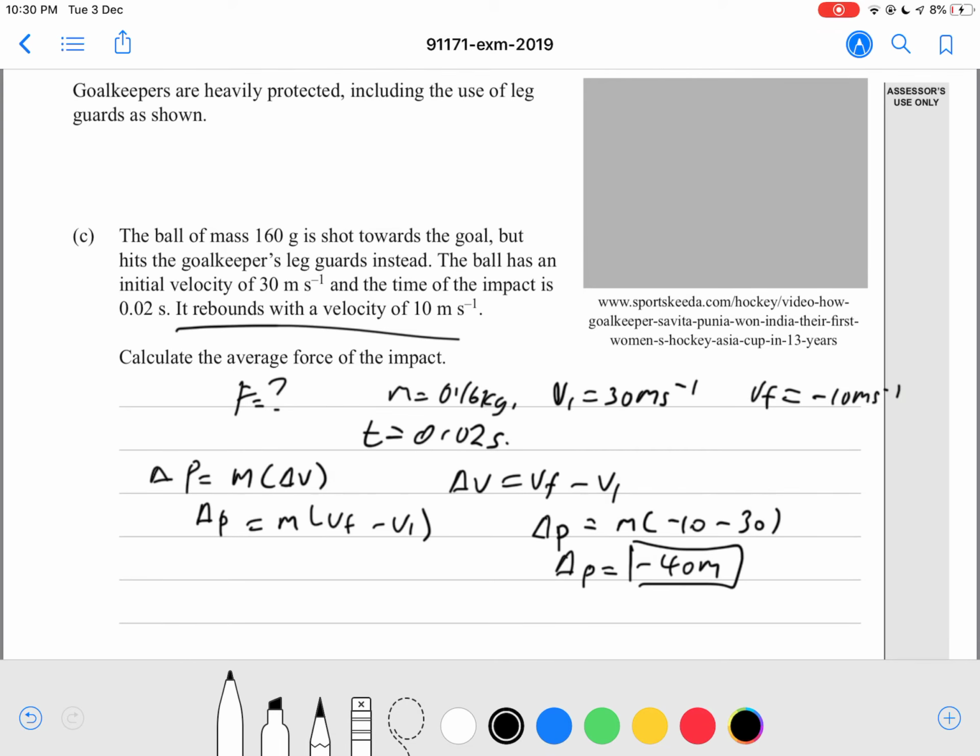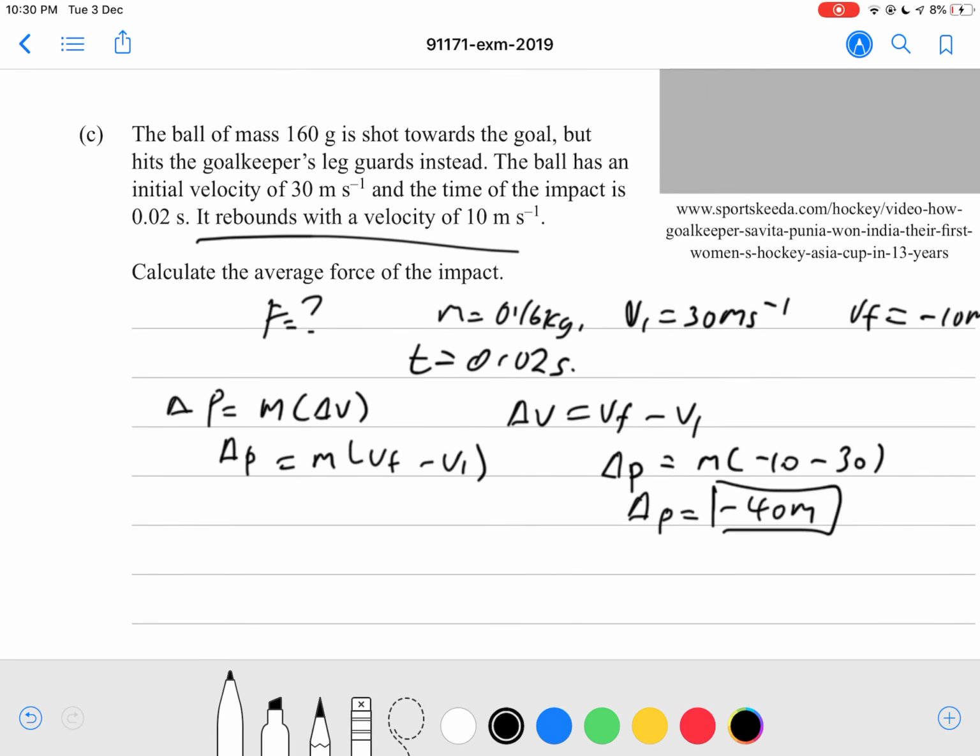However, in this case, we're going to consider the change in velocity as positive, because the negative only represents a change in direction, not the magnitude. So our change in P is actually 40 times our mass, which is 0.16. So 40 times 0.16 gives us a change in momentum of 6.4 kilograms meters per second.